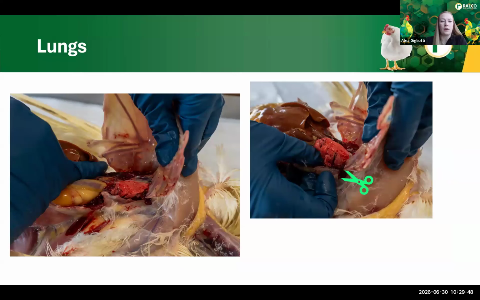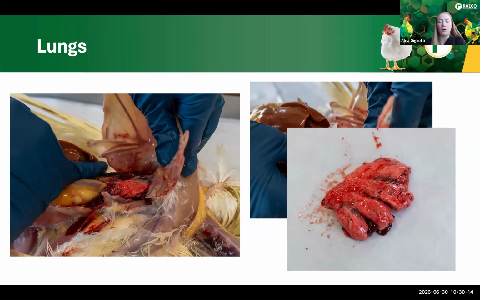So moving on to the lungs, you can see whenever you are cutting through the ribs, a lot of the time you can cut off a piece of the lung with that rib, and it'll be a lot easier for you rather than peeling back the ribs from the lung. And what you want to do is to make a cut down into the ribs and kind of across, almost making a square, and you can cut out a piece of that lung.